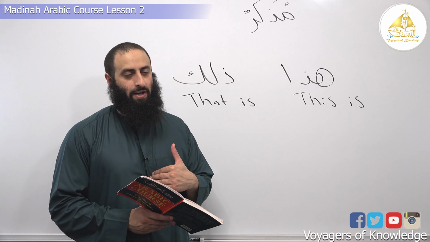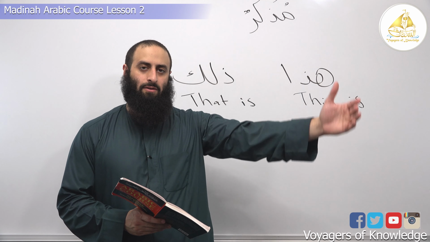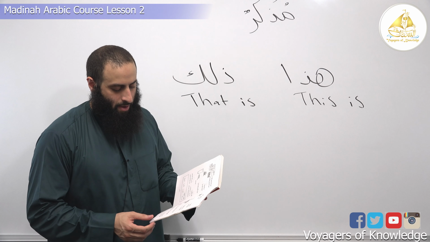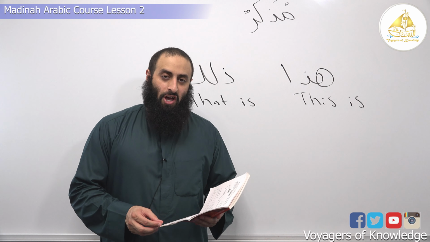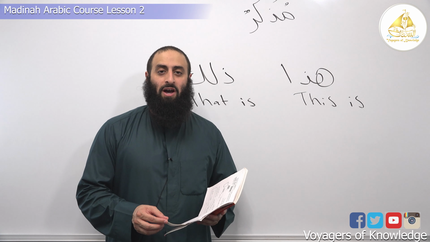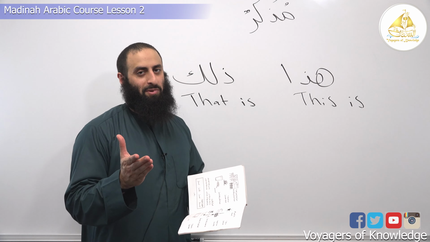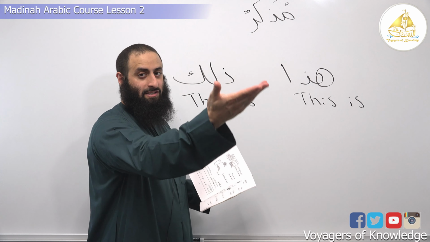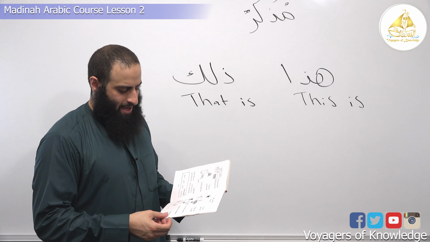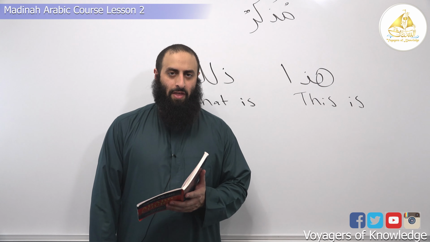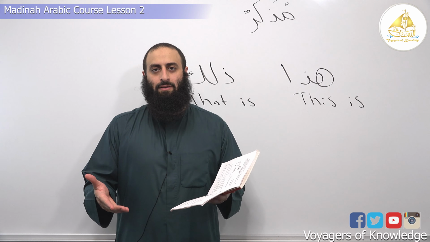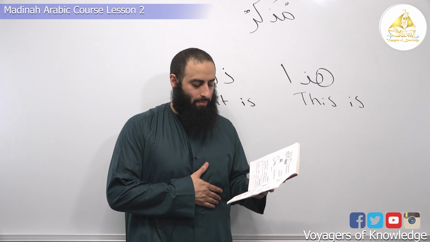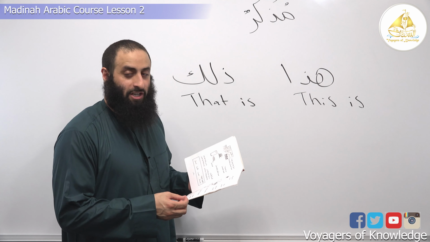Near for hada, ذَلِكَ will be for far. هذا حصان وذلك حمار. We're not talking about people, just animals. This is a horse, and that's a donkey. أذلك كلب؟ Is that a dog? لا. ذلك قط.